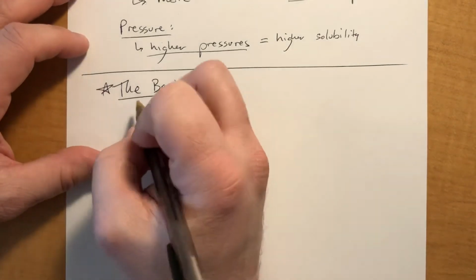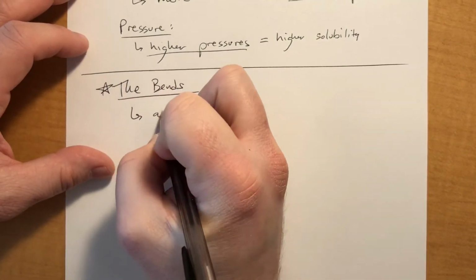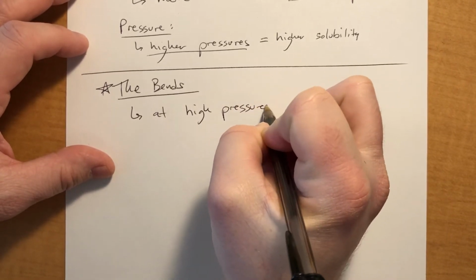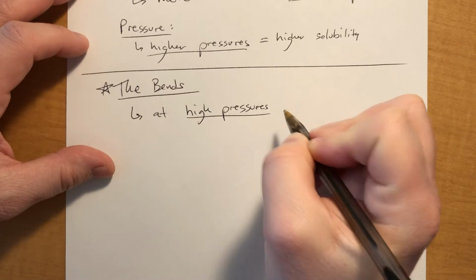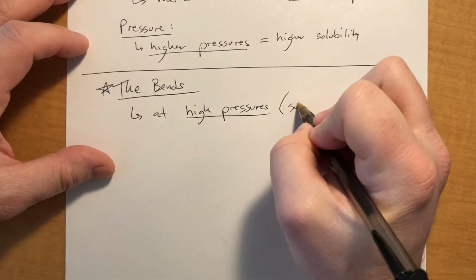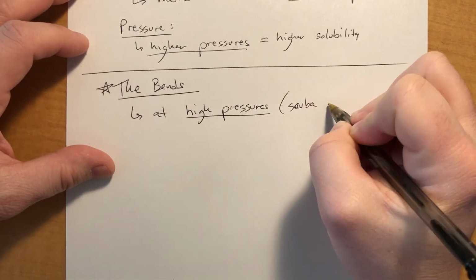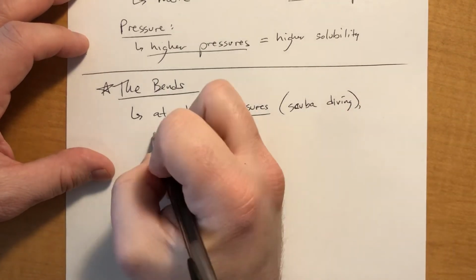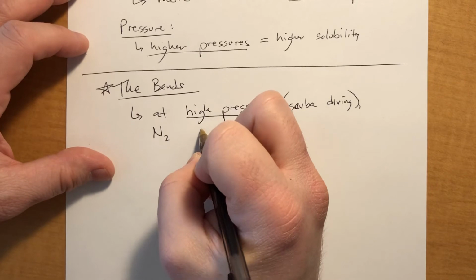Okay? But it turns out that if you're deep sea diving at high pressures, basically visualize scuba diving or a submarine or whatever, nitrogen starts dissolving in the blood.